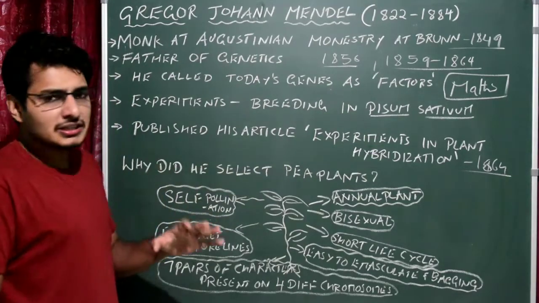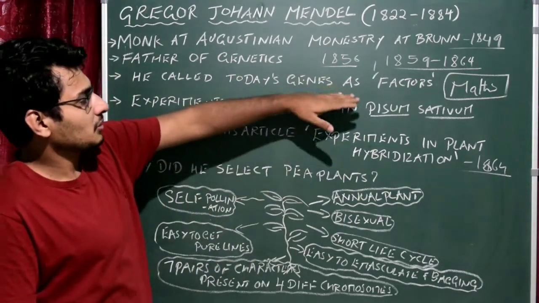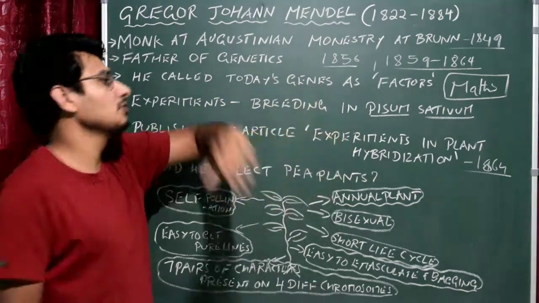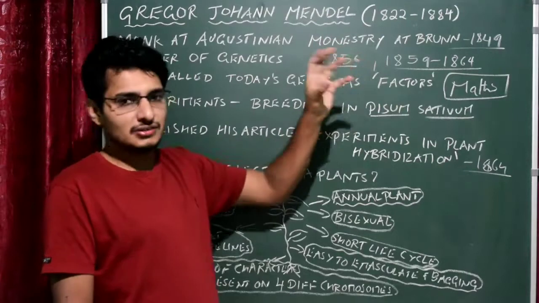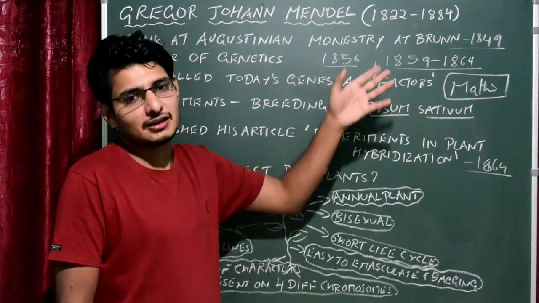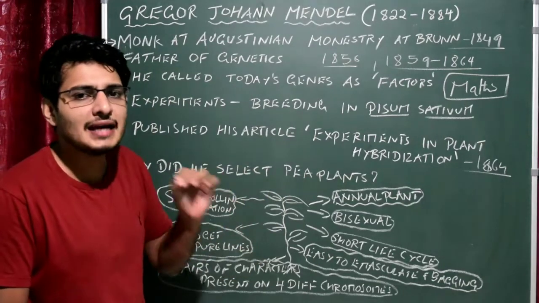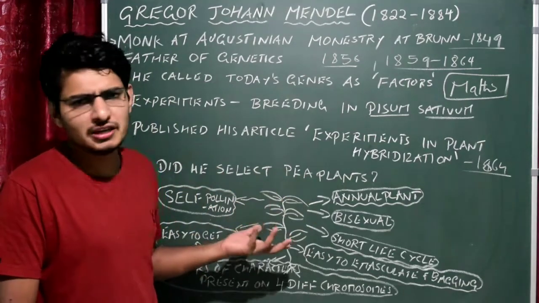Before that, I just want to tell you that what today we call genes, he called factors. You may wonder what exactly Mendel called genes. Very simple: he called them factors. He did not know anything about chromosomes.